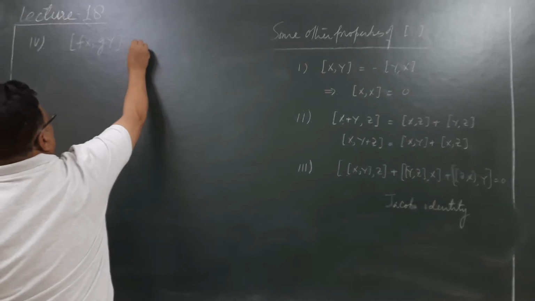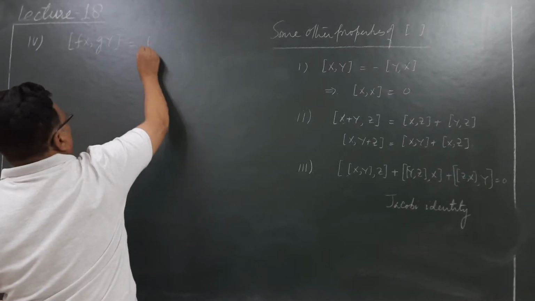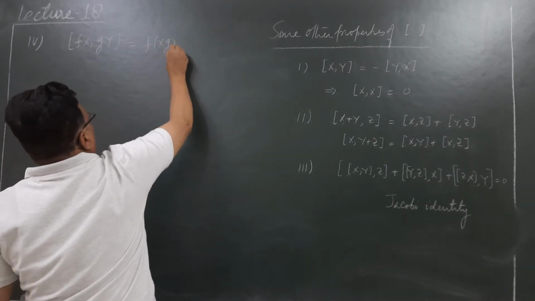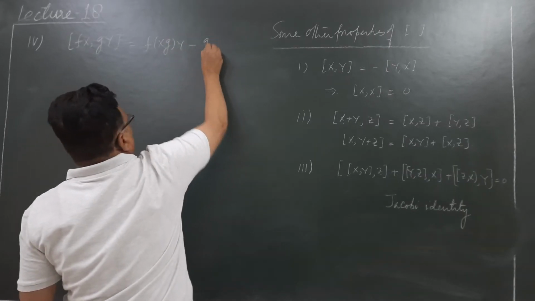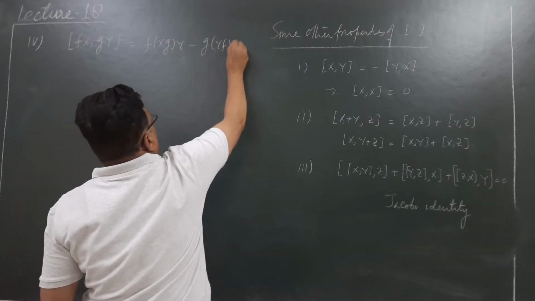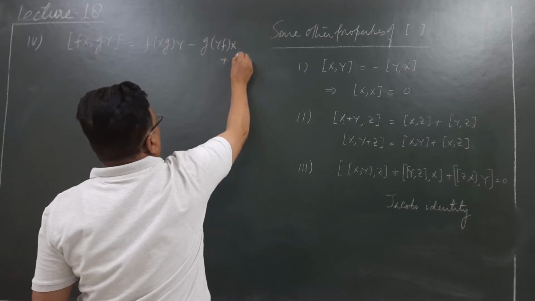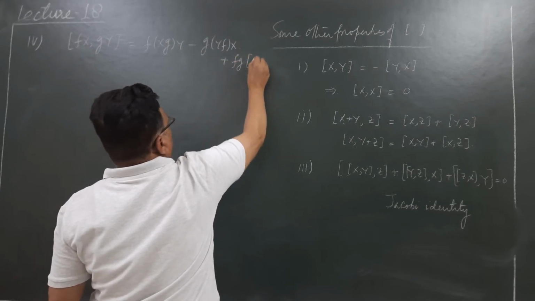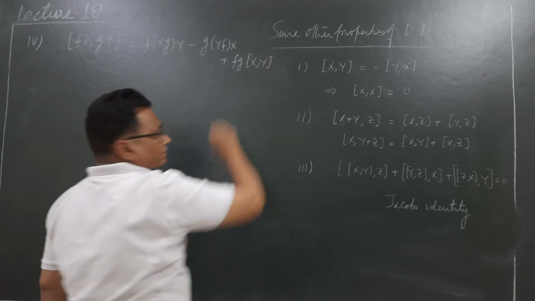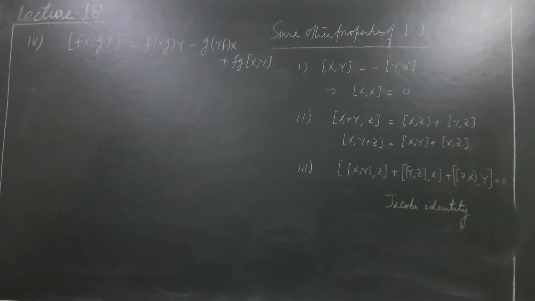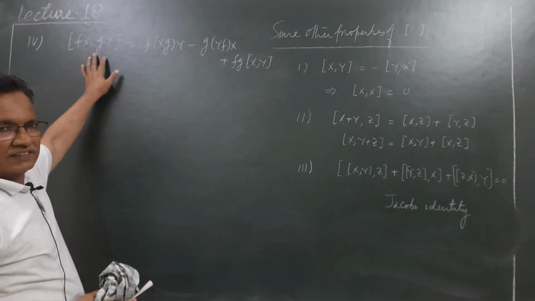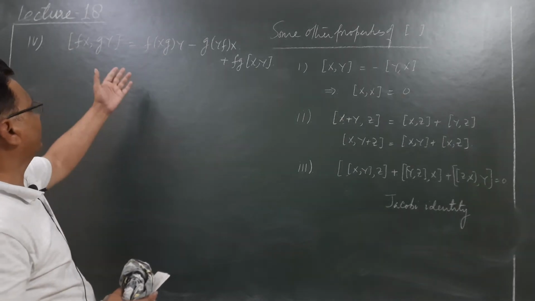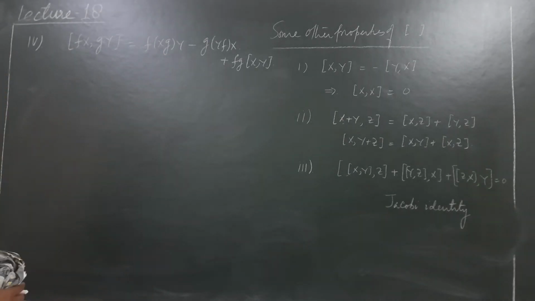So this is equal to f operating on xg into y minus g operating on yf into x plus Lie bracket fg times Lie bracket xy. ये उस टाइप की लीनियरिटी नहीं है इसके अंदर. It is not bilinear in that sense, yes. Okay, so it is little different. But that is the law that it satisfied. One can check it up.